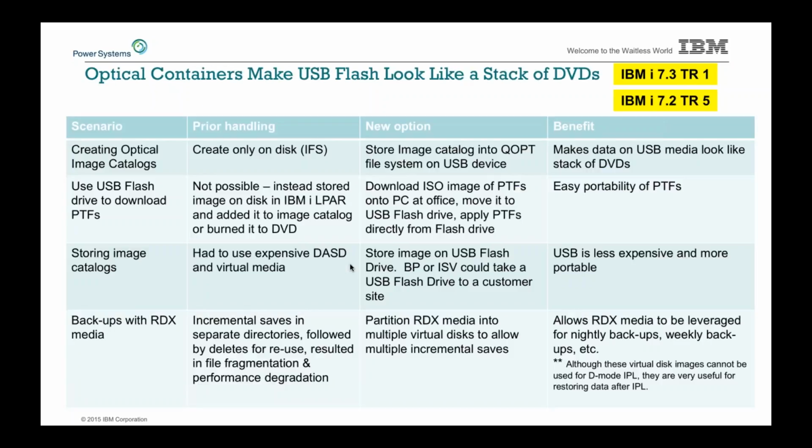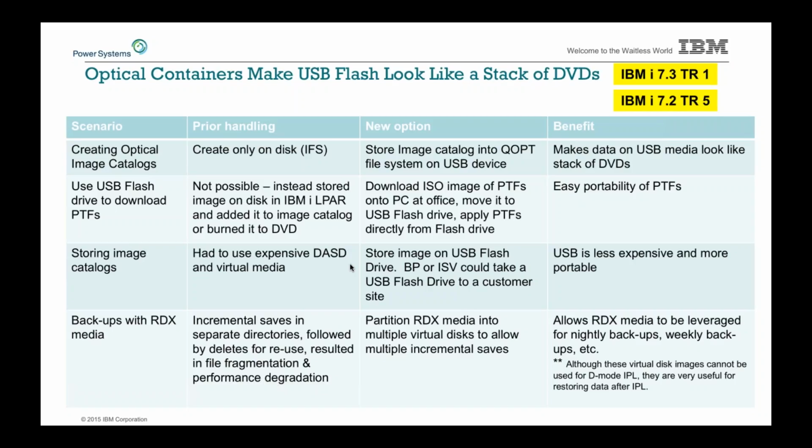And one of the big things that we did in these TRs is we made some significant changes and updates. In the past, if you were trying to create an optical image drive or use a USB flash drive to download PDFs, it really wasn't possible. You had to burn them to a DVD, or put them on the IFS or something along those lines.